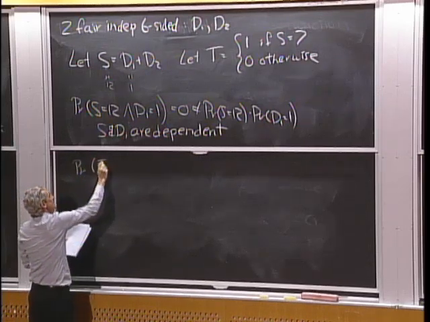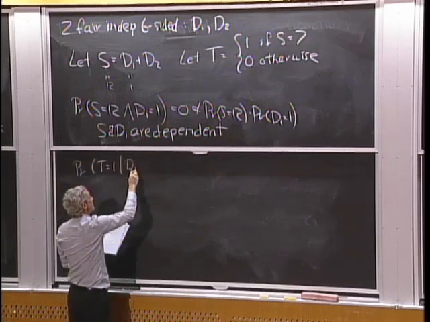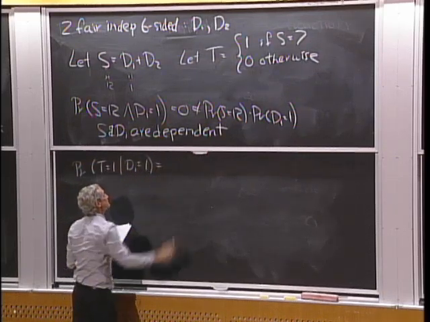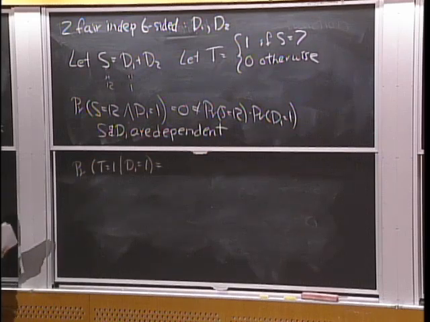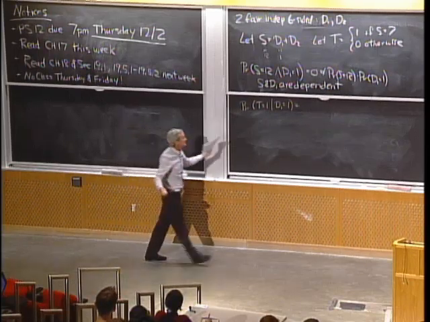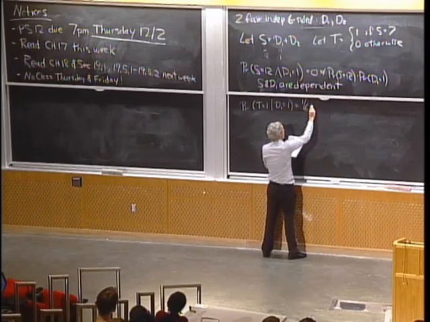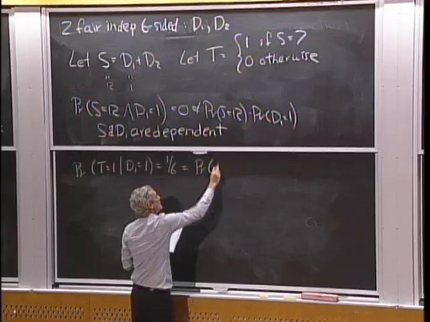The probability that T equals 1, namely you got a 7, given that D1 equals 1, what's that? The probability of getting 7 for the sum given your first die is a 1. What's that probability? 1/6, because the second one better be a 6. All right, and what's the probability T equals 1?